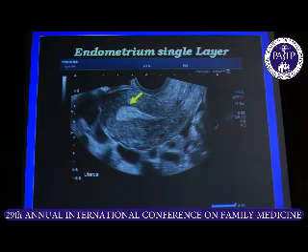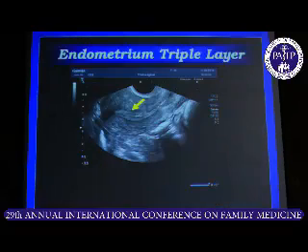As Professor Safdar Malik has told, this is a bad endometrium for reception and implantation of the ovum. This is a better triple layer endometrium because this has a 67% chance of implantation and normal pregnancy, whereas single layer has a 35% chance of normal pregnancy.